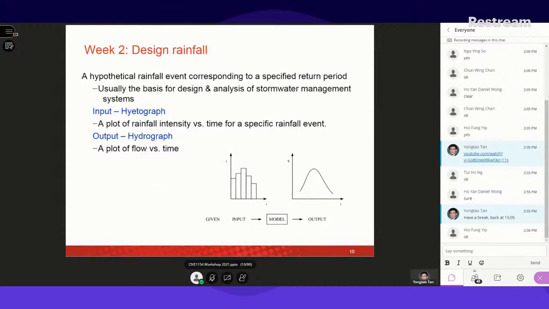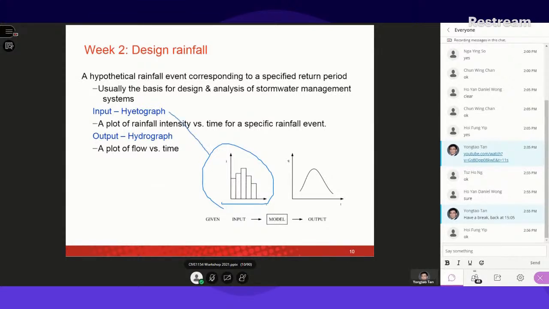The hyetograph, the left one, is the plot of rainfall intensity against time for a specific rainfall event.